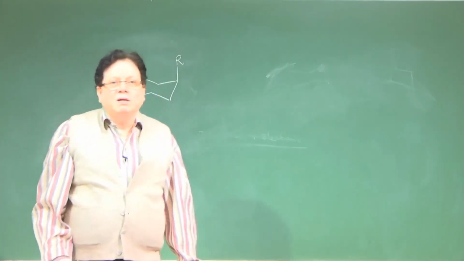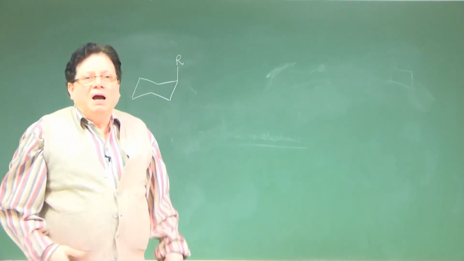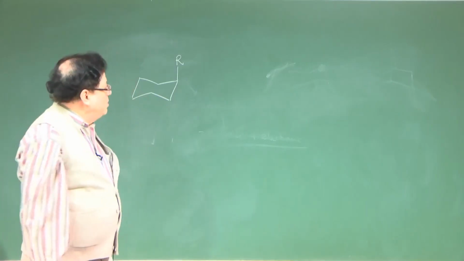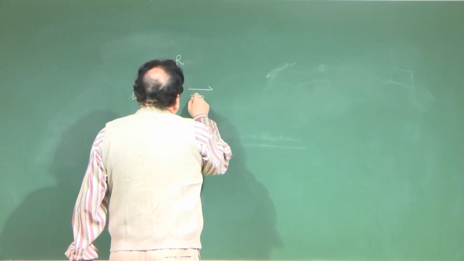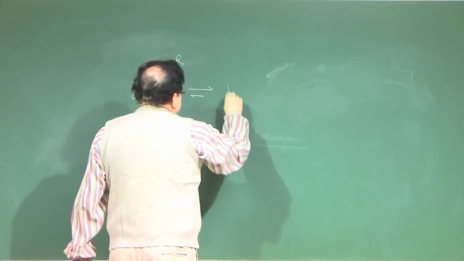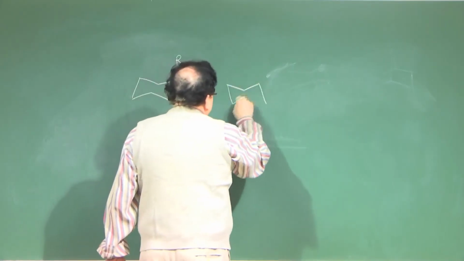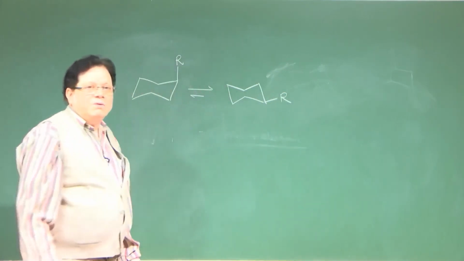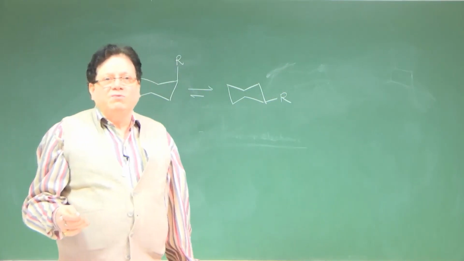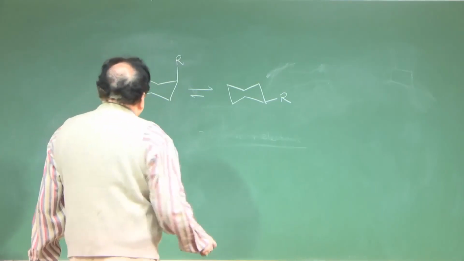It is a monosubstituted cyclohexane, and we know that its preferred conformation is the one where the R is equatorial. And we know the reason for that.